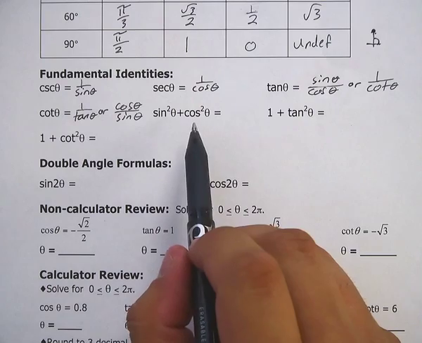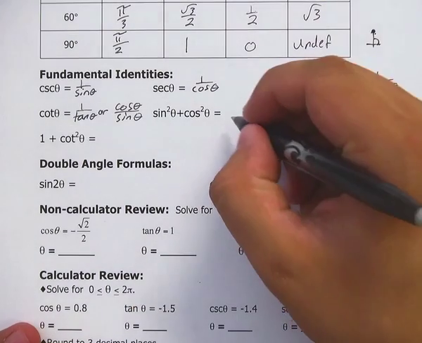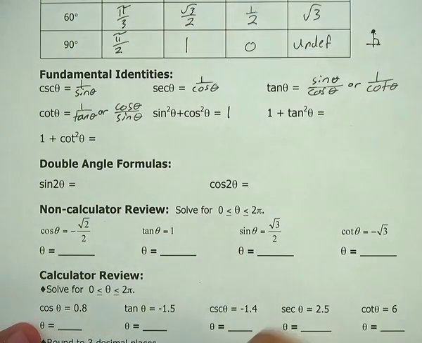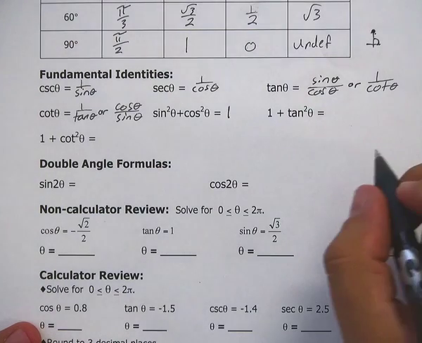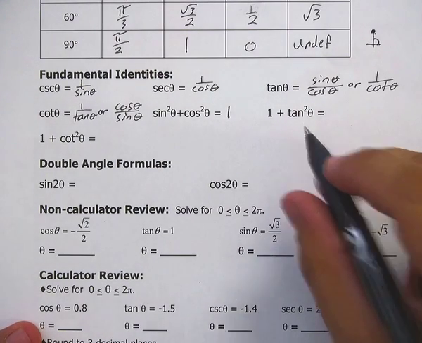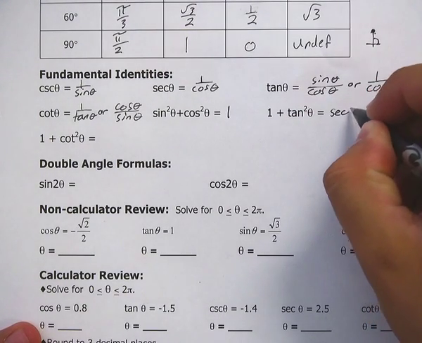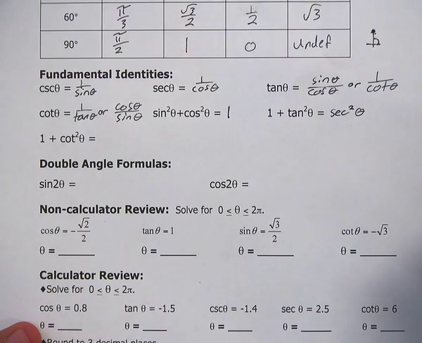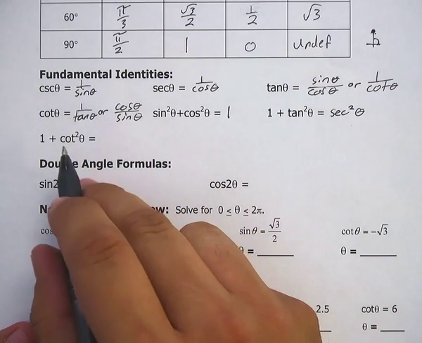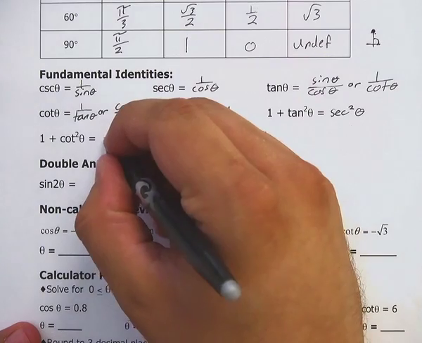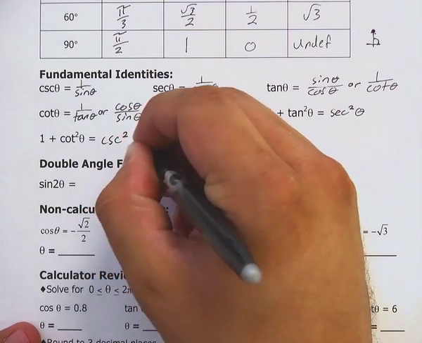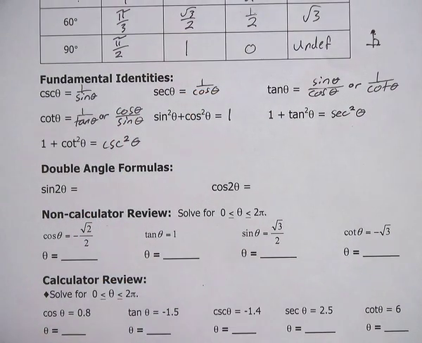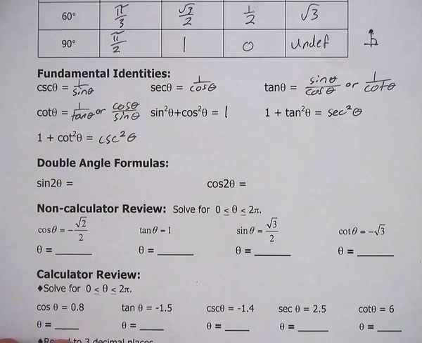Sine squared plus cosine squared, everybody's favorite identity, all goes to 1. 1 plus tangent squared theta goes to secant squared theta. 1 plus cotangent squared theta was cosecant squared theta. All right, those are your fundamental identities.